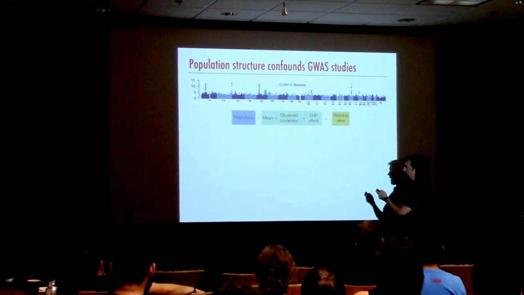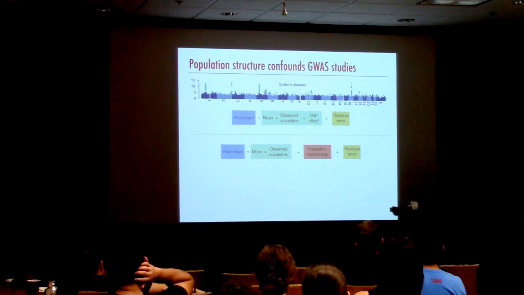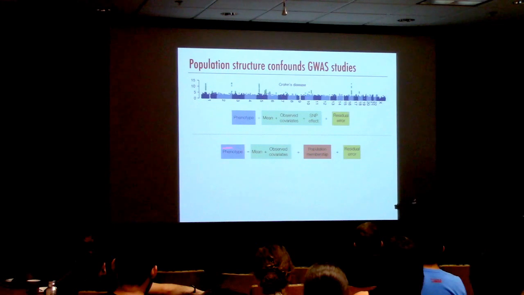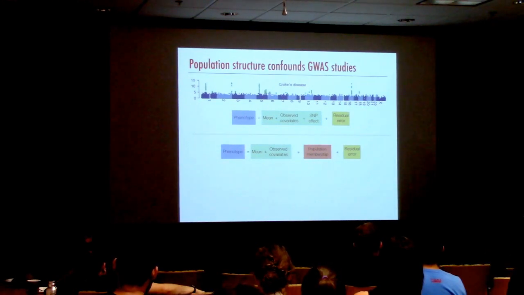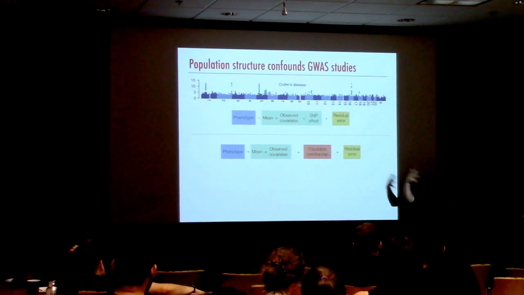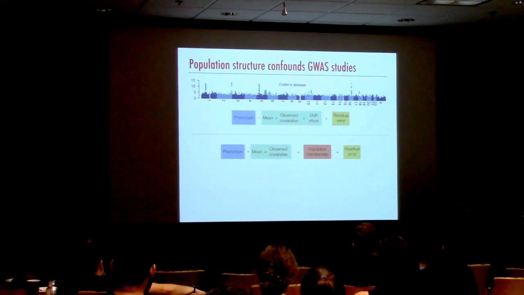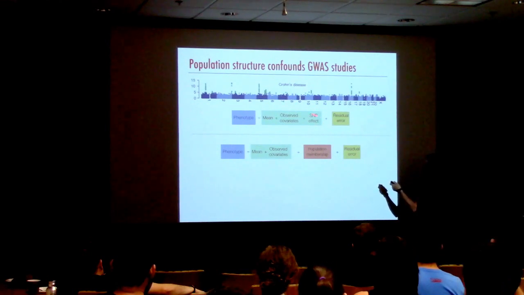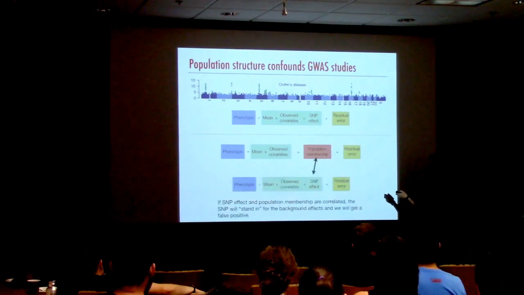The problem is that if the underlying phenotype has some factors that contribute to its variation that are driven by population membership, so for instance environmental factors that vary across populations, or even a polygenic background, some genetics that vary by population that are not the SNP that you're testing, then if the SNP that you're testing varies across populations, it can end up standing in for population membership, okay?